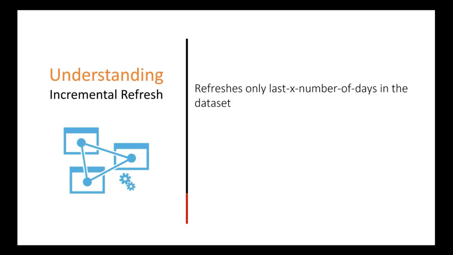Now, whenever you want to get new data, you can configure incremental refresh saying, do not refresh the entire data set, do not take all 10 million records from my data source. Just go through my data set, find records related to the last 5 days, 3 days, 7 days. You can define it and then replace existing records with those extracted records. So that is incremental refresh. It allows you to refresh only records related to a certain number of days.